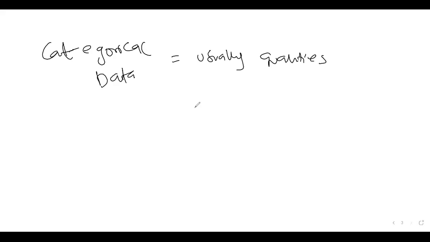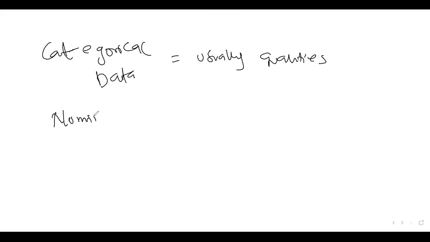We can't rank it in any way. We can just name it: this is black, this is blue, this is red, this is yellow. Another data like somebody's region of birth, where the person comes from. We can just name it, that is from region A, B, C. Other factors constant, we cannot rank it. So any categorical data that we cannot rank, we call it nominal data.